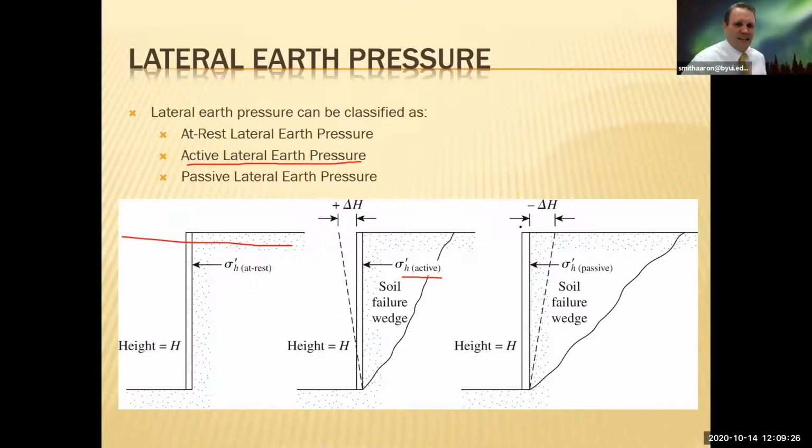Now passive, that's rare. Normally walls on their own do not move into a soil, as shown in this example right here of the passive. This shows that there's some force on here and it's trying to get the wall into this position. That would take a lot of compression and pushing of that soil wedge. And if you pushed harder and harder, you can almost imagine it's like a bulldozer. As you push and push and push, at some point the soil is going to fail and it's going to shove upwards along some failure plane.